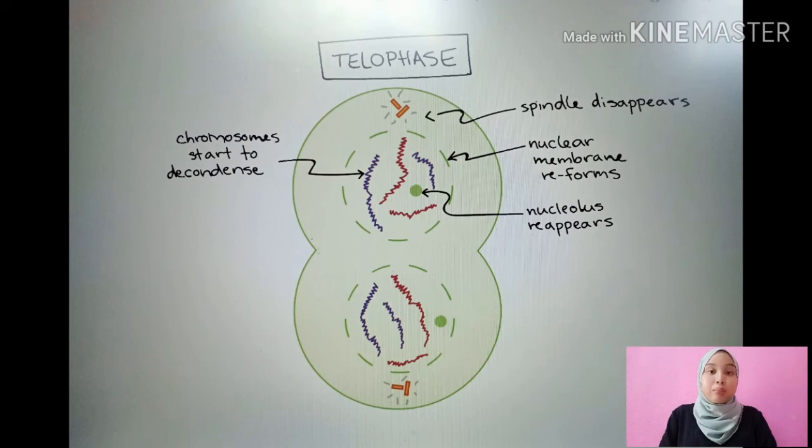The spindle fiber will disappear, and the nucleolus will reform. The most important thing to remember is that the chromosomes now become uncoiled, back to a structure called chromatin.